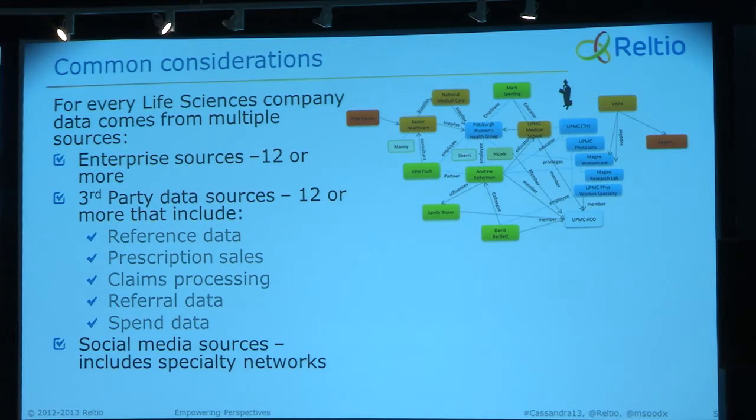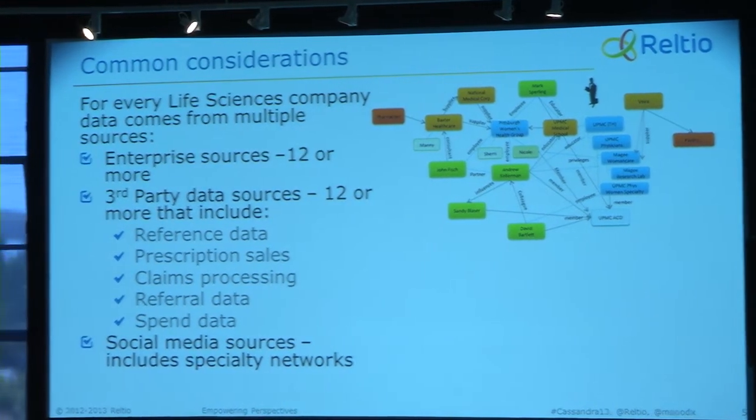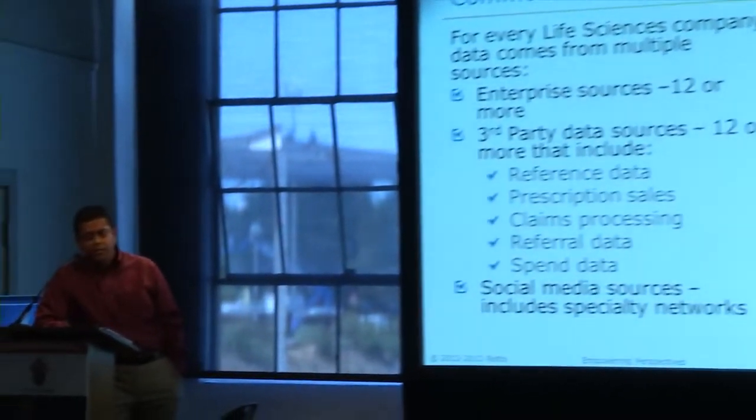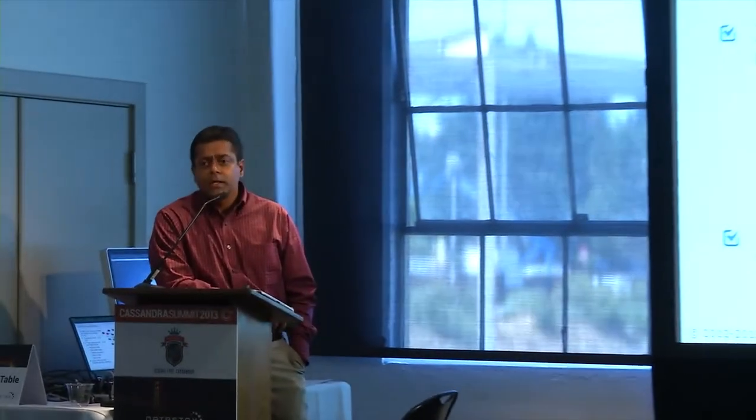But the other part of this is that they are also starting to engage or market their products and have presence over some of the traditional social media networks that you see, such as Facebook and Twitter. And in that case, there is also information that they're trying to glean from there and bring it in so that it can form a part of this relevant information that they can use to drive certain types of insights, brand management, or engagement with the different kinds of hospitals and prescribers.